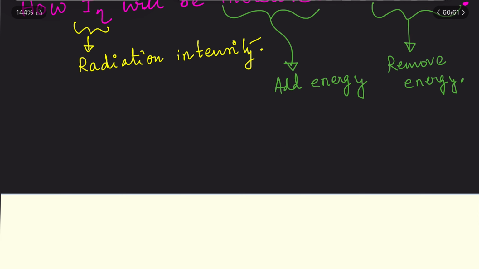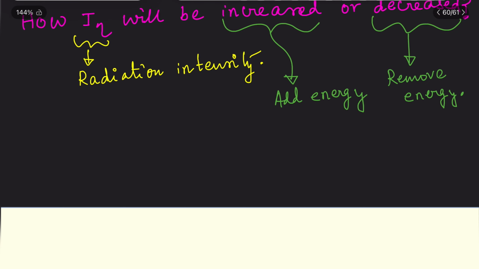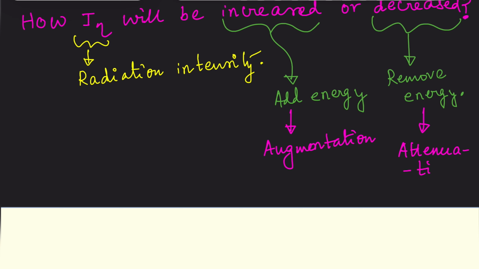Now tell me, how can I add energy? I will talk about it later, but in technical language this is called augmentation of the radiation intensity, and this is called attenuation.